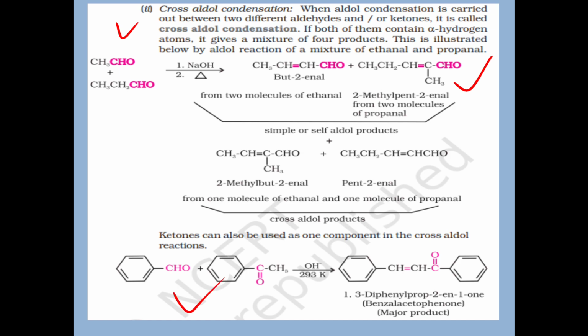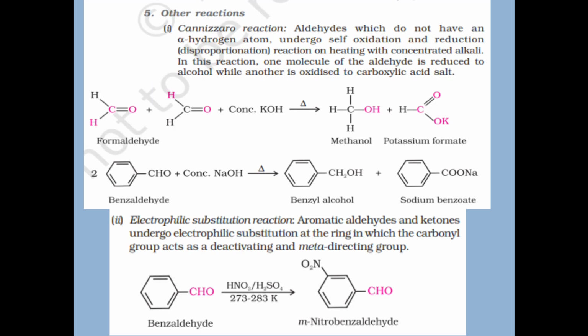Here also a cross aldol reaction can occur. This alpha beta unsaturated ketone will be the product. Another reaction, the Cannizzaro reaction. This is the condensation reaction of aldehydes having no alpha hydrogen.